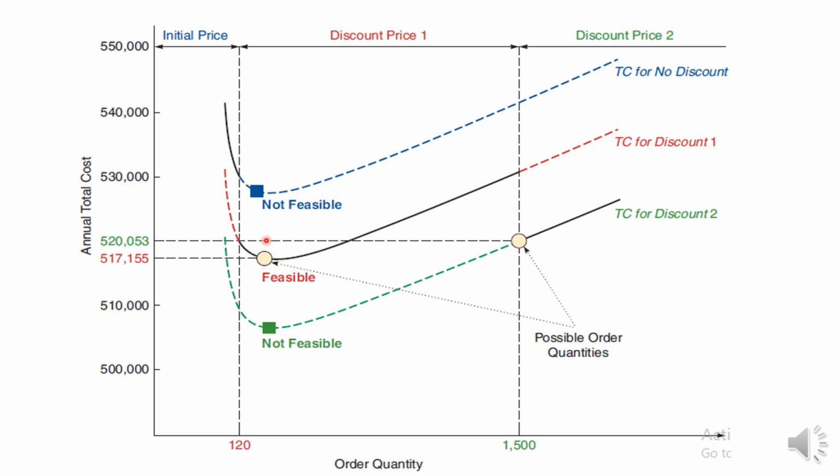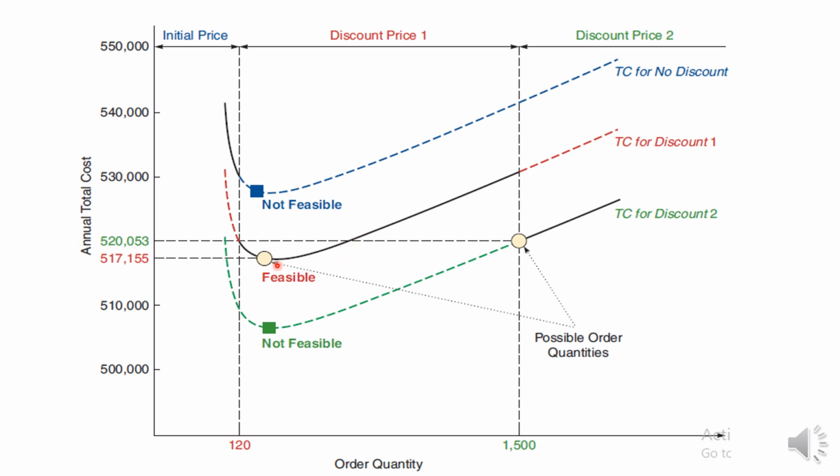When we find the EOQ of the second most least price, we get this quantity. This quantity is feasible. Why? Because this quantity is within the range of 120 to 1500. That is for the second discount range price.